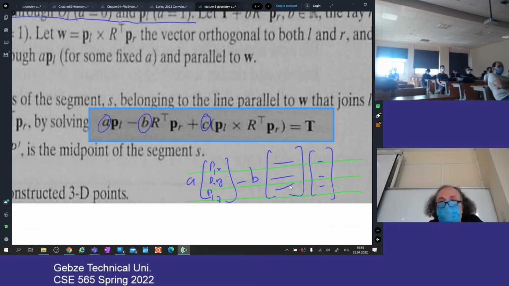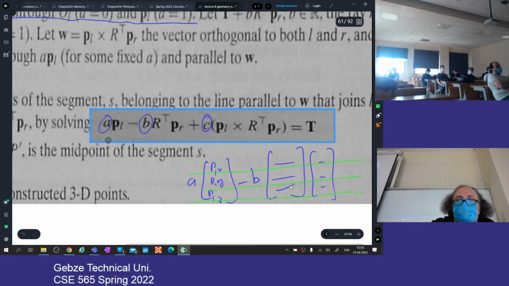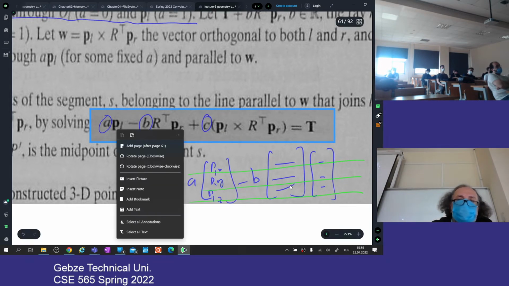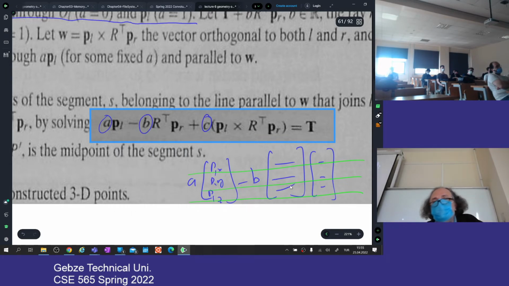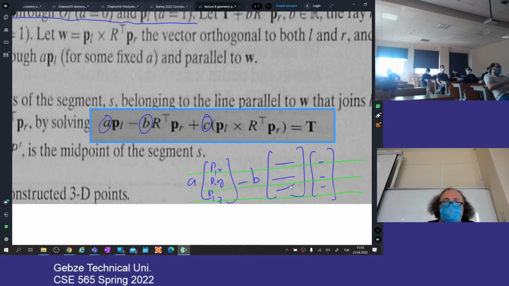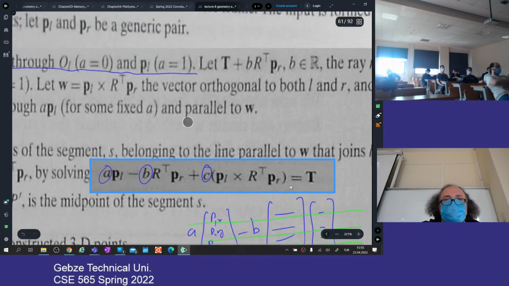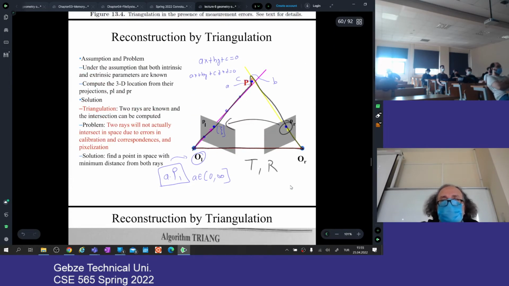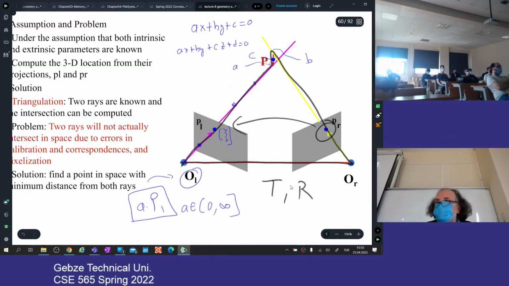So solve these 3 equations with 3 unknowns, you get your A, B, C, and you solve your problem. All you need is to get A PL and B RTPR. You know these two. Once you know them, the center point of this PL and BR will be your solution. That's how you solve this algebraically.